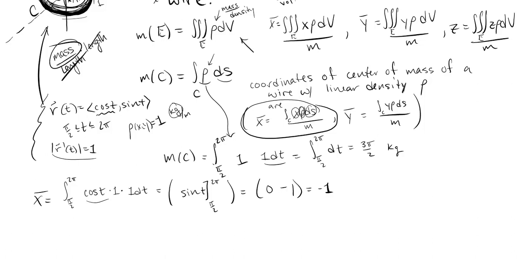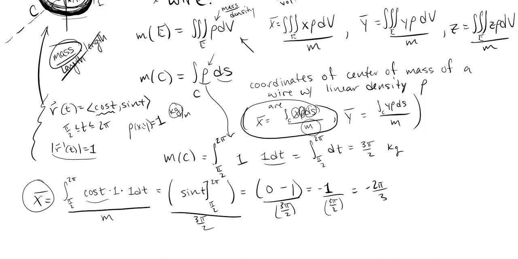Well, I need that divided by the mass, which we already found was 3 pi halves. So it looks like at the end of the day I'm saying that the x coordinate of the center of mass is at the location negative 2 pi thirds, sorry. Right?